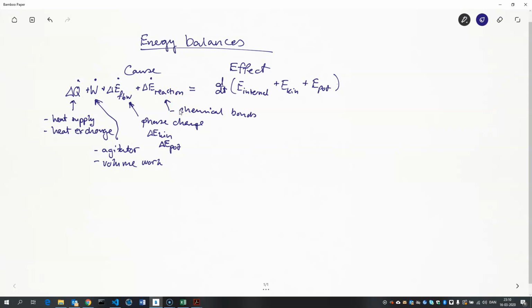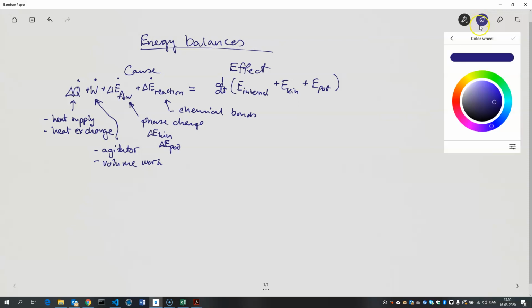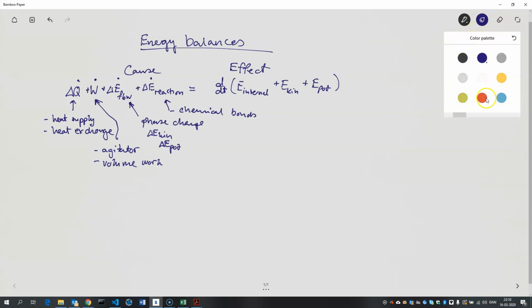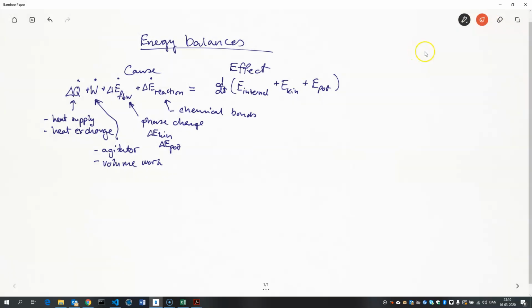So typically, we would disregard some of these terms because they're not really important. Kinetic energy contribution is typically small, so is the potential energy contribution.